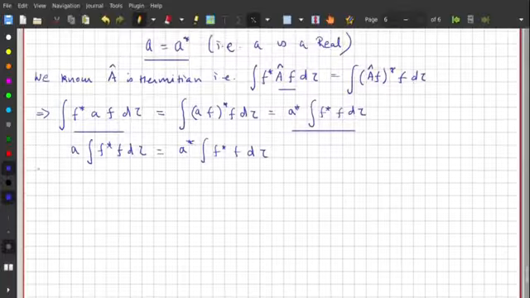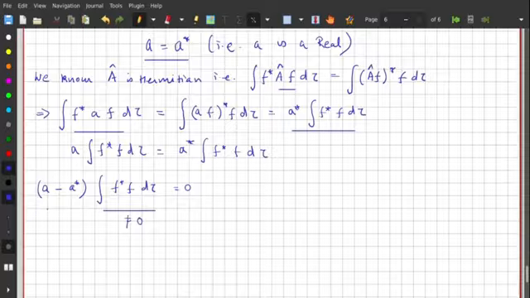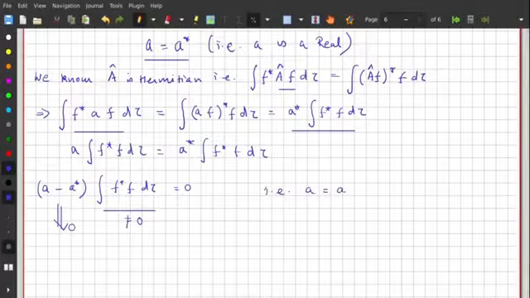So that means (a minus a star) times the integral of f star f d tau equals 0. In general, the integral is not equal to 0; we'll see later why. So this factor has to be equal to 0. That is, a equals a star.